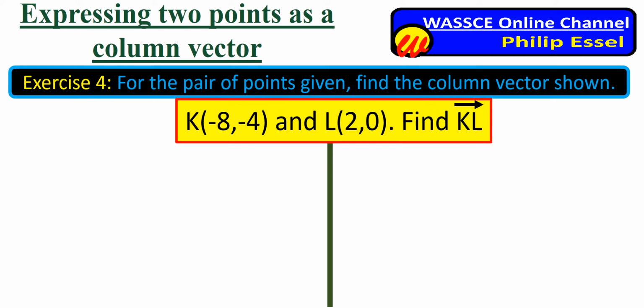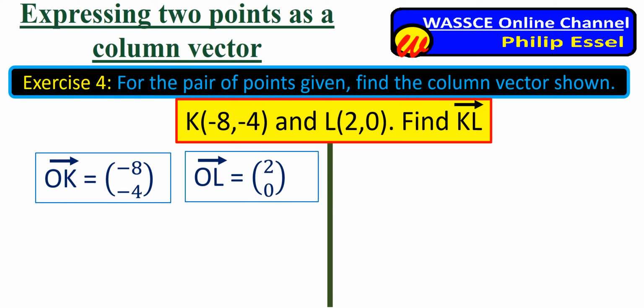So as usual, let's first convert the point K to its position vector OK, and the point L to its position vector OL. When we do this, we would get vector OK to be equal to (-8, -4), and vector OL to be equal to (2, 0).